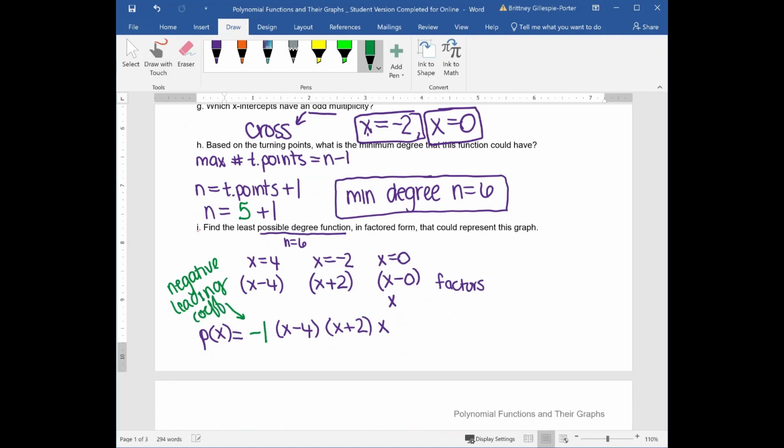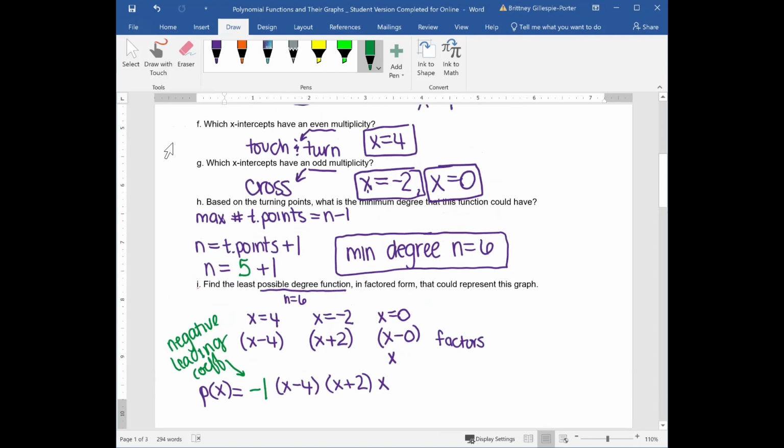Okay. We also have to take care of our multiplicities, which were our exponents, because right now we don't have anybody touching and turning, and we don't have the extra turning points that we would need to make a degree of 6. Right now, all we have is a degree of 3.